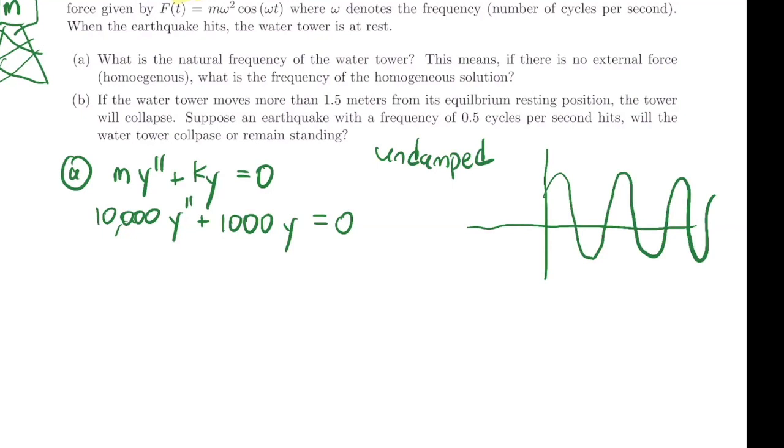Okay, and so here we are working with an undamped one. So you should expect to get these complex solutions where the real part is 0 here. So you get this sum of a sine and a cosine.